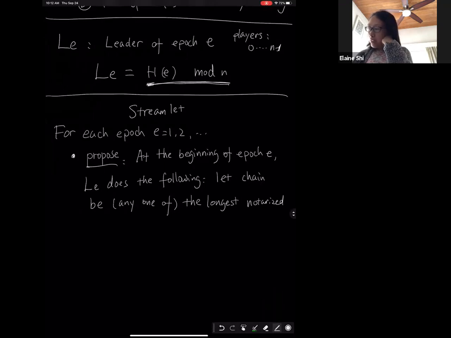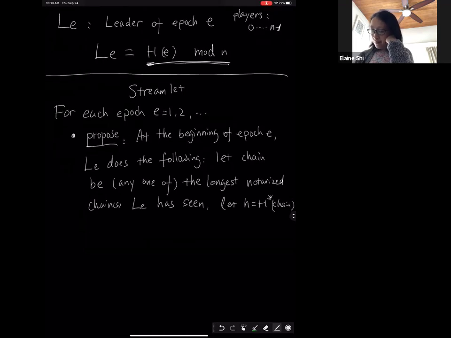So I will look for the longest notarized chain that LE has seen, and let H be the hash of the chain. I want to build the next block on top of chain. This will be the parent chain, and that's why I'm computing its hash.